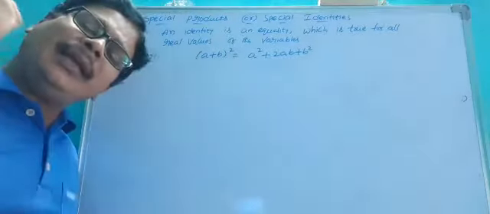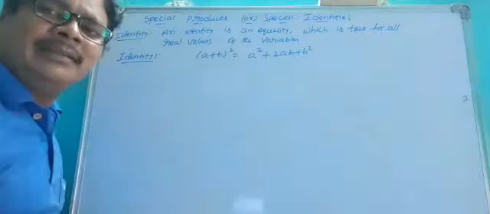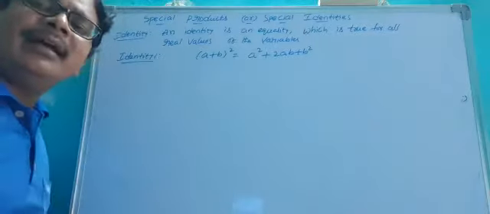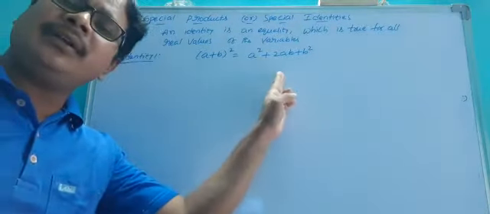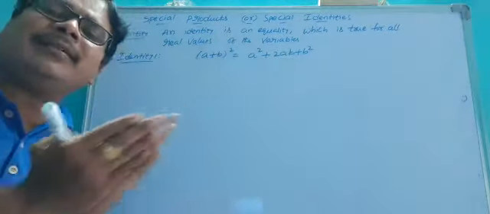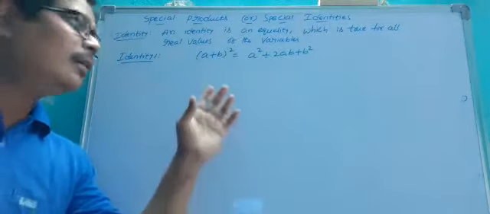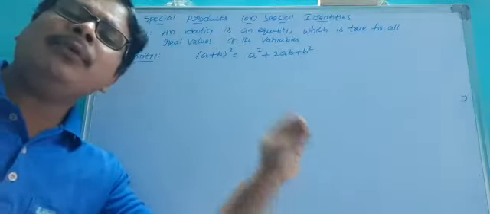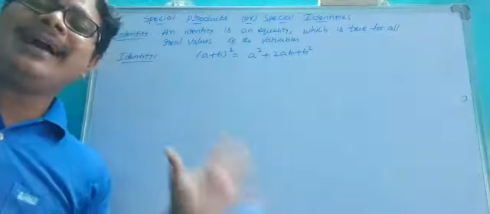If you substitute any real values instead of a and b, both sides are equal. For example, 25 and this one also 25, 100 and this is also 100. Both LHS and RHS give the same answer after substituting real values, so they are known as identities.